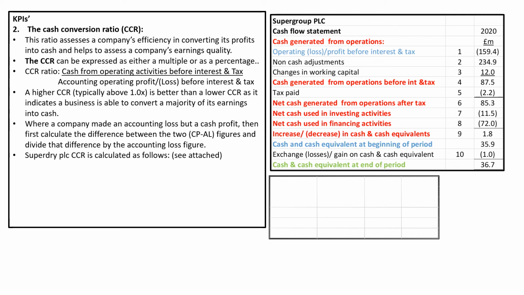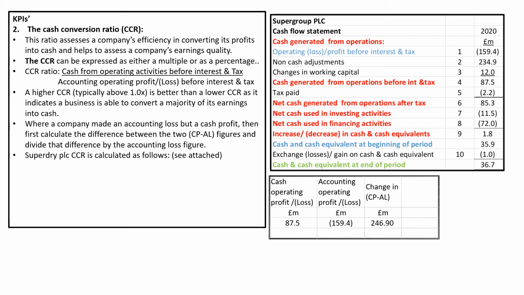Superdry's CCR is calculated as follows. Now, Superdry made an accounting loss. So we have the cash profit in the workings, which is 87.5. We've got the accounting profit or loss, so it's made a loss of 159.4.